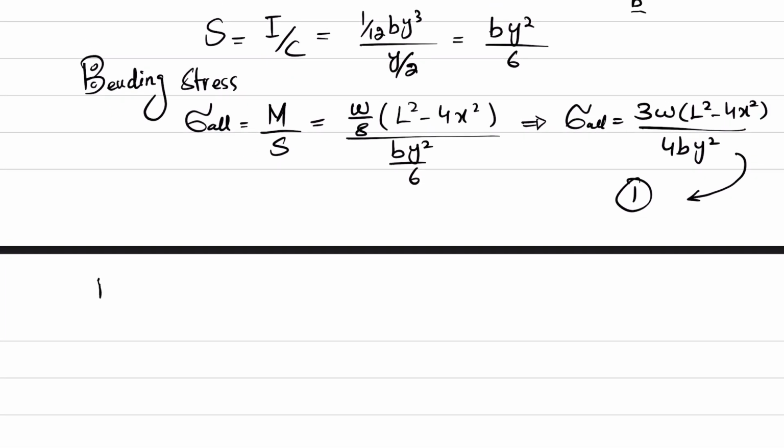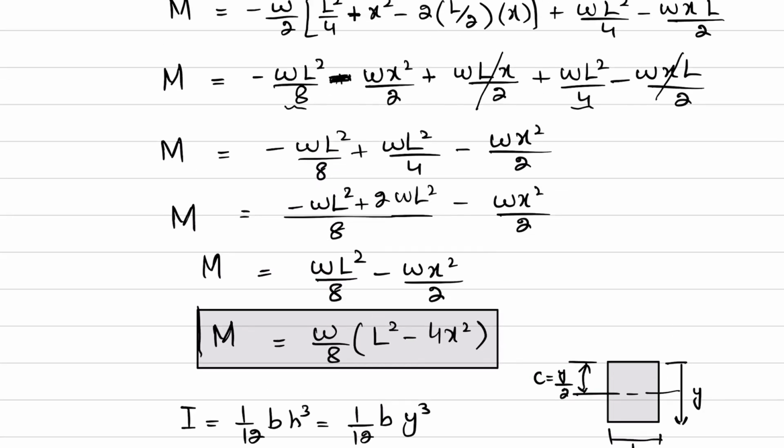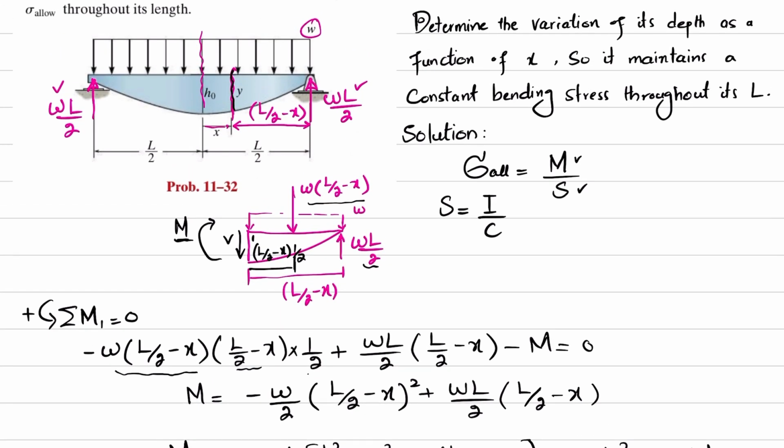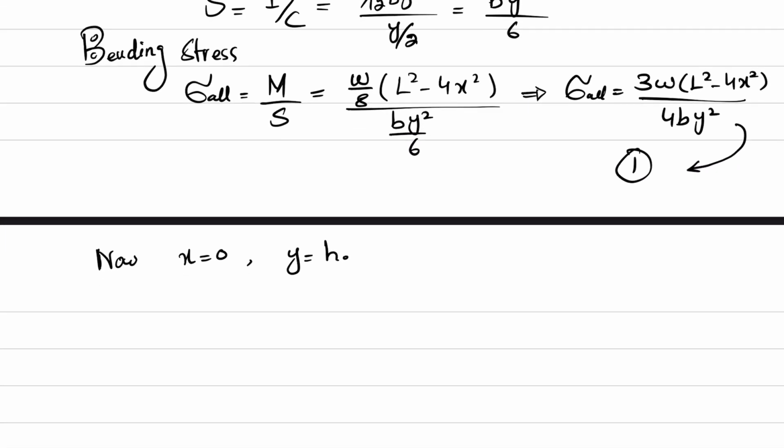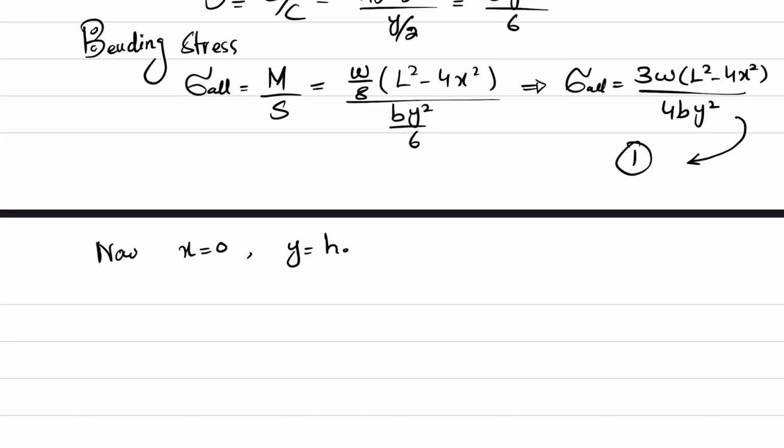Now what if x is equal to 0? Then at that point you can see that y is equal to h naught. So if x is equal to 0, you have the height of this beam as h naught and thickness again b. Clear? So at x equal to 0, y is equal to h naught, put in equation 1.